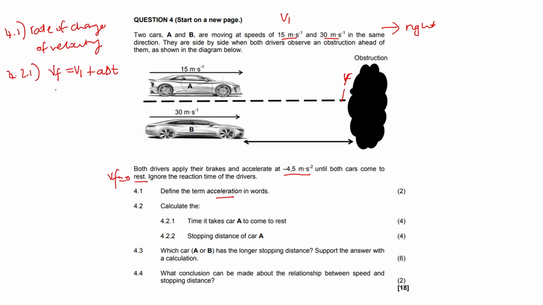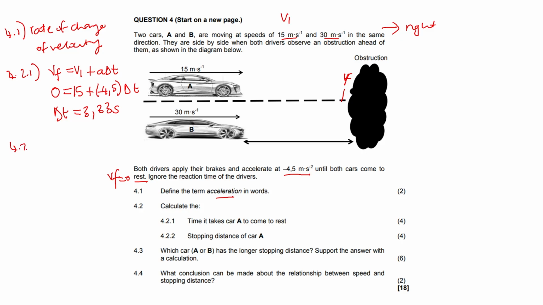They come to rest, so final velocity is 0. They start at 15 meters per second. The acceleration is minus 4.5, and the time is unknown. So you do your bit of math skills there: 15 minus 4.5, you take the time over, you bring the 0 across, and you get 3.33 seconds. That is the time it takes A to come to a rest.